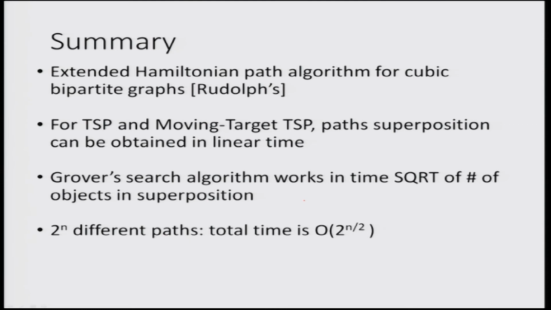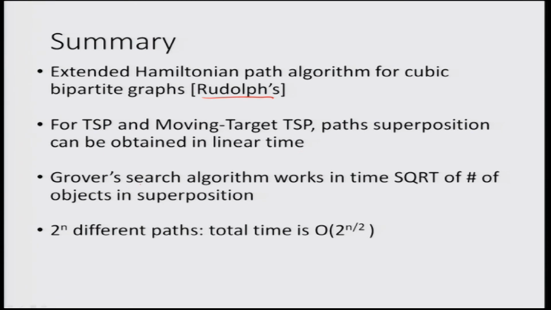So, in summary, what we have shown in this particular approach of Rudolph is that we have extended the Hamiltonian path algorithm for qubit bipartite graphs to the travelling salesman problem and to the moving target travelling salesman problem. Path superposition can be obtained in linear time.